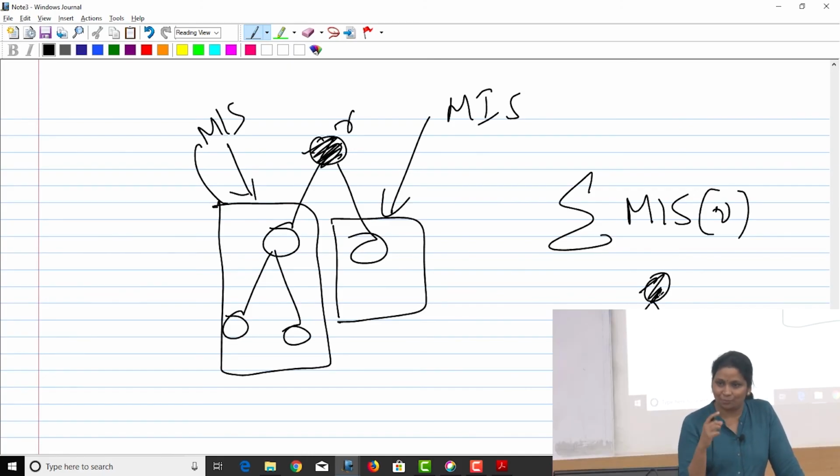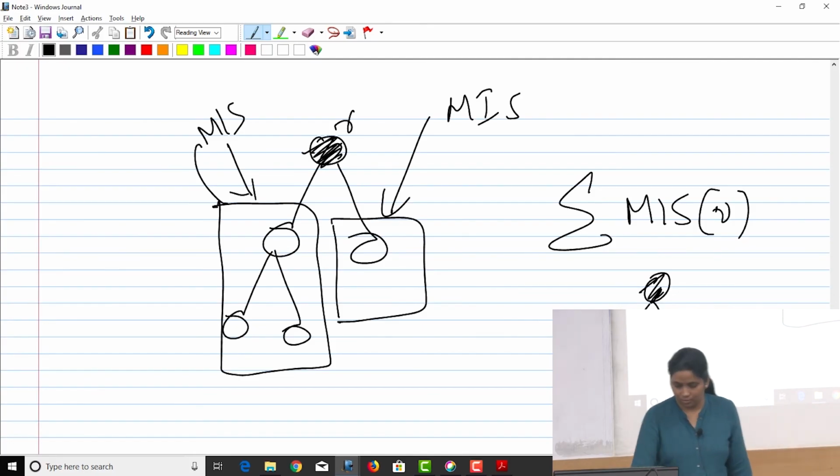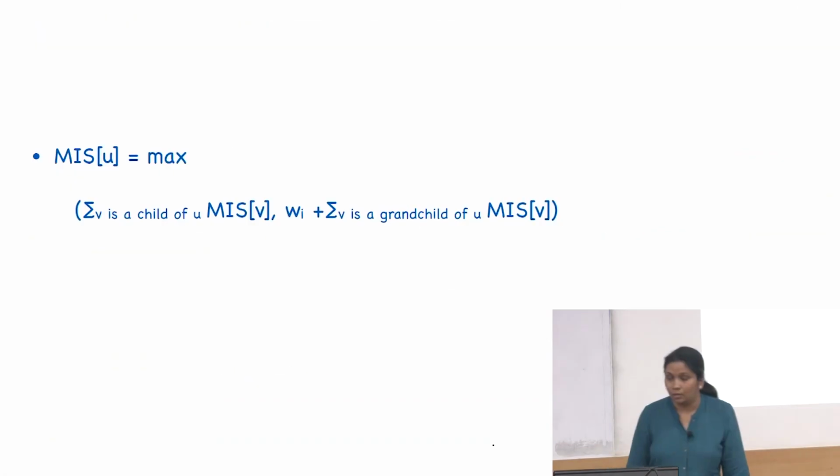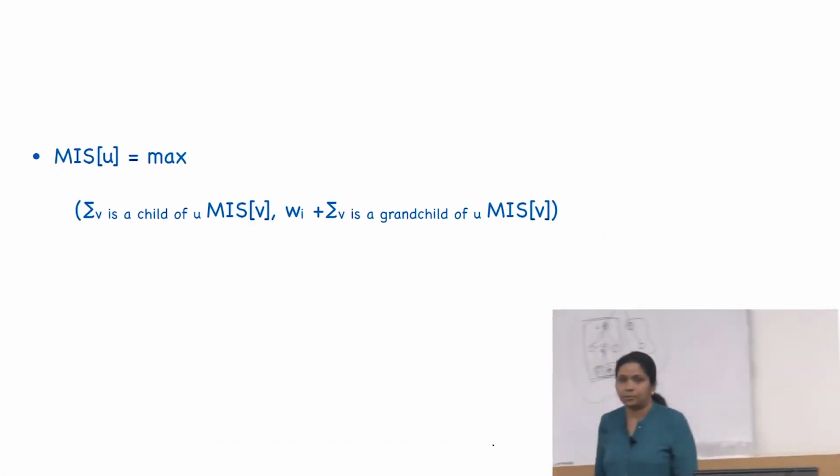So how can you say it in terms of smaller subproblems? Yes. Okay. Look at the grandchild nodes, the grandchildren, and find their maximum independent set and add all. And so you compute both these and return the maximum.